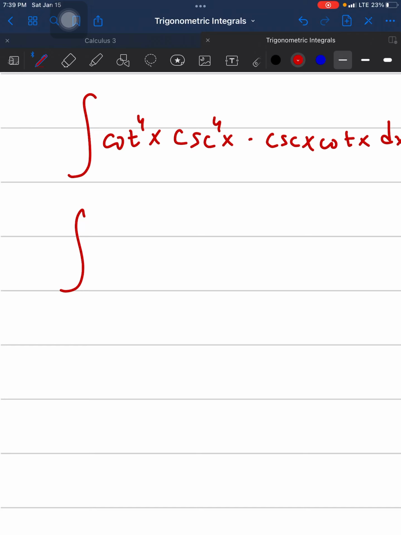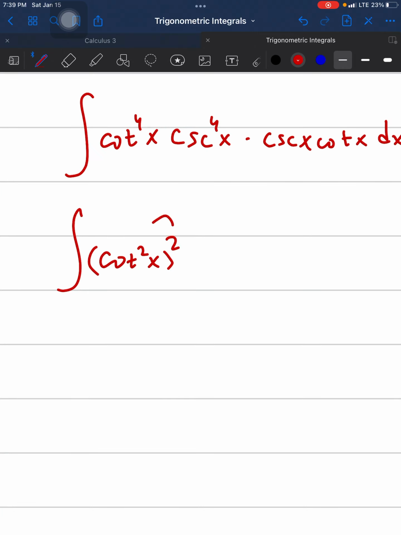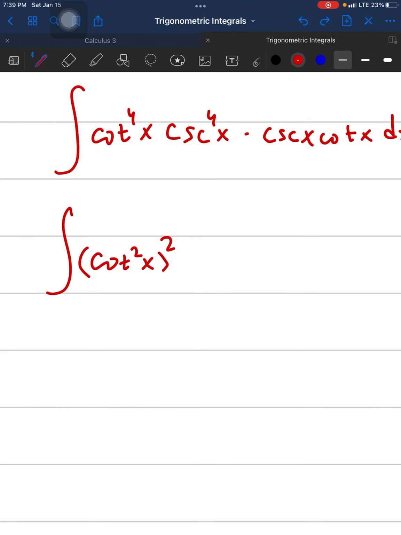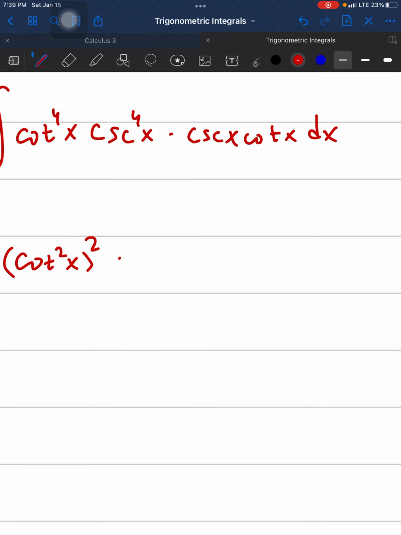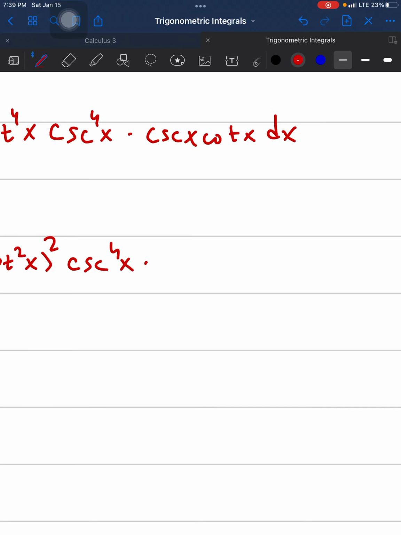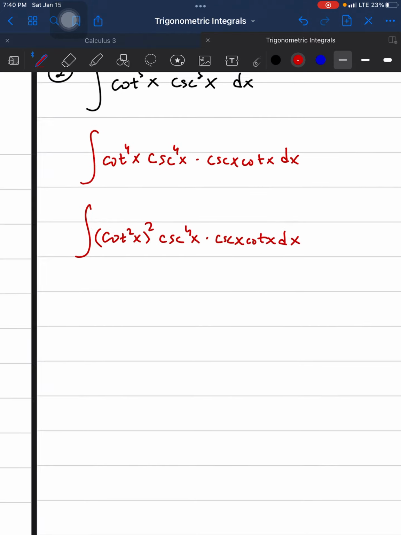Similar to the previous example, let's do cotangent squared x, squared, because if you square this, you just get this. So let's rewrite it like that. The rest of the problem stays the same.